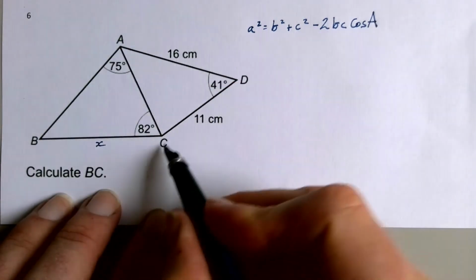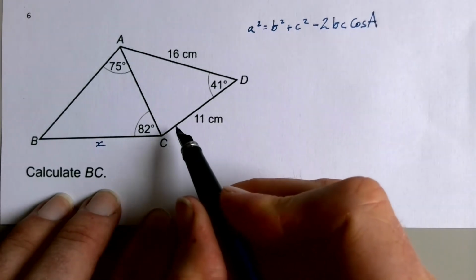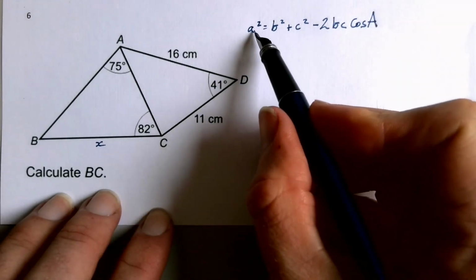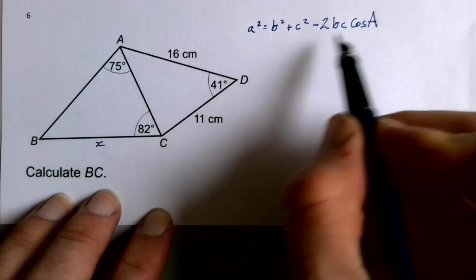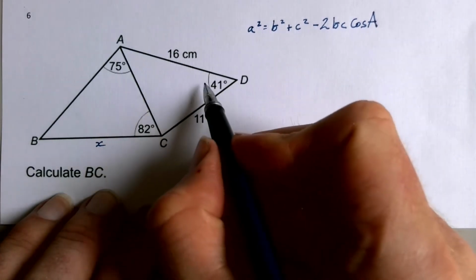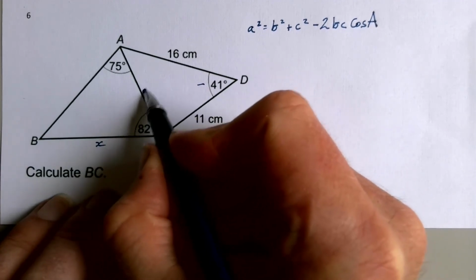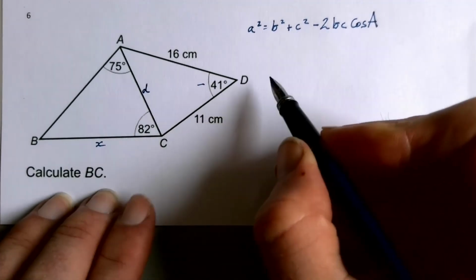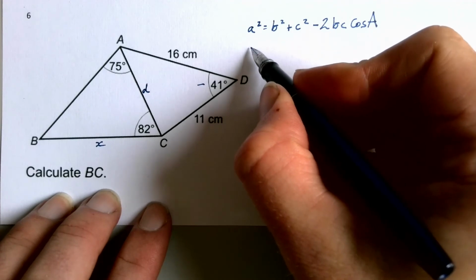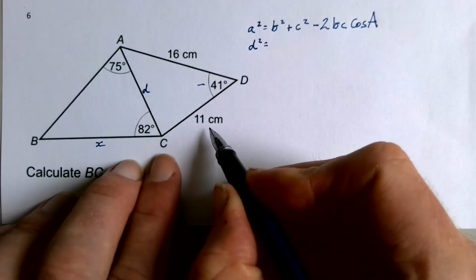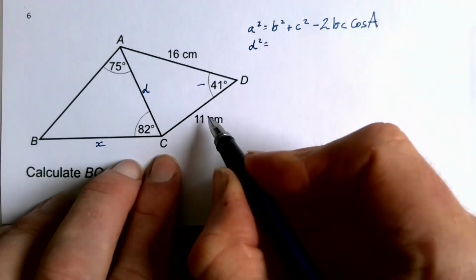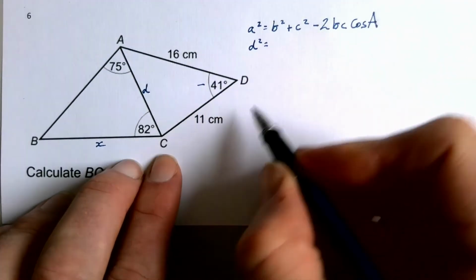So as far as this triangle is concerned, the one that I'm calling A is actually the D one, because I want that angle there, which is opposite to this side here. So if I call that little d, I could rewrite all of this as d squared is equal to the other two sides. Doesn't matter which one's b, which one's c.